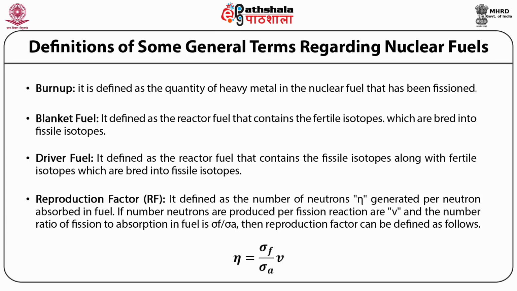Eta is equal to sigma F by sigma A multiplied by nu. The value of eta is higher for fast reactors in comparison to thermal reactors.